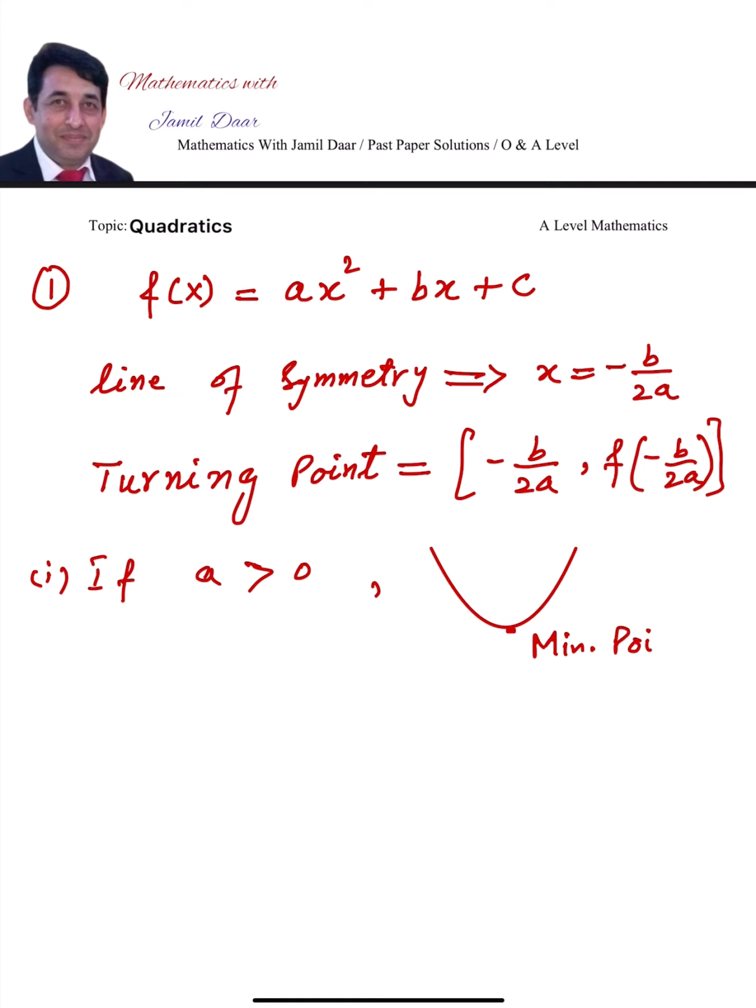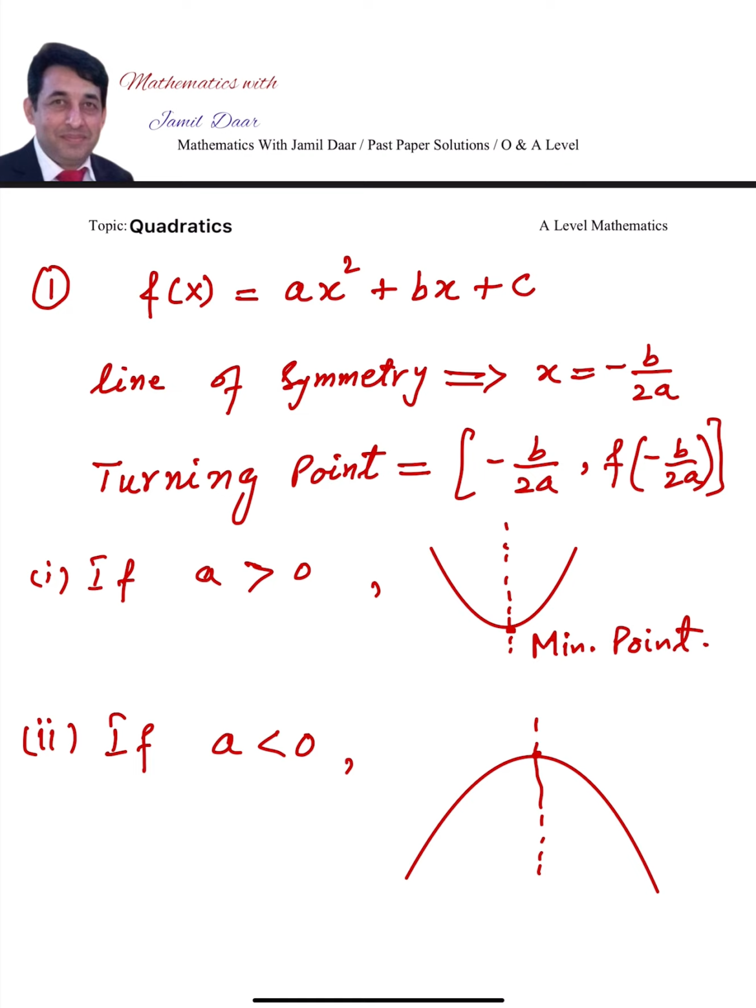If a is negative, less than 0, then it is an A type graph, and your turning point will be a maximum point.